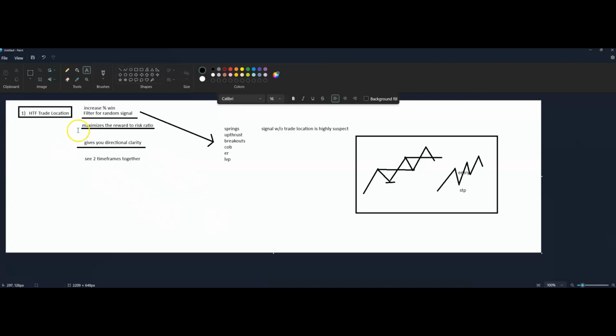So that's why trade location is the number one thing, and this is the missing piece of the puzzle for many traders: how to identify and get the trade location. I'll give you at least two or three mistakes that Wyckoff traders usually make. I'm sure you've seen this.